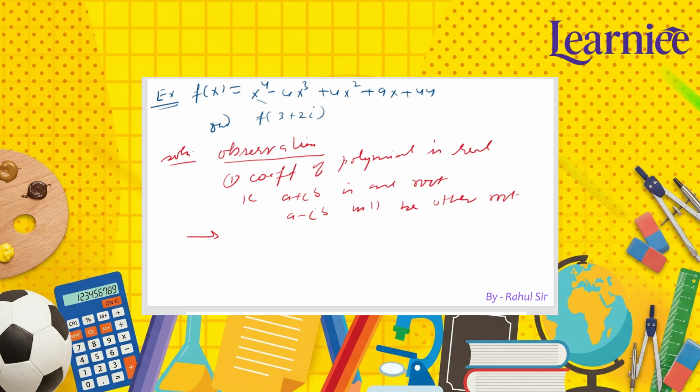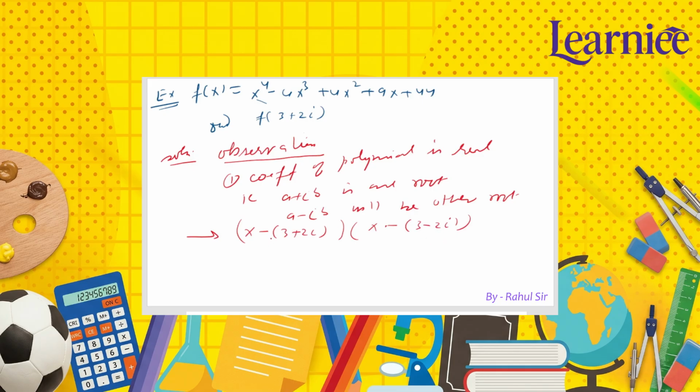So clearly here a plus ib is a root. So one root is x minus (3 plus 2i). The other root will be x minus (3 minus 2i). Complex conjugate pair.